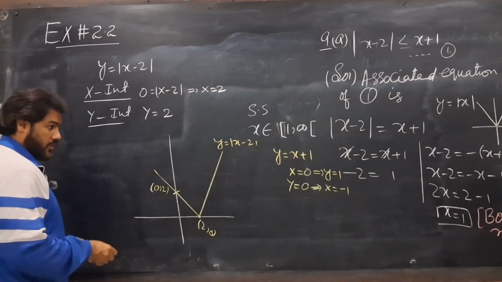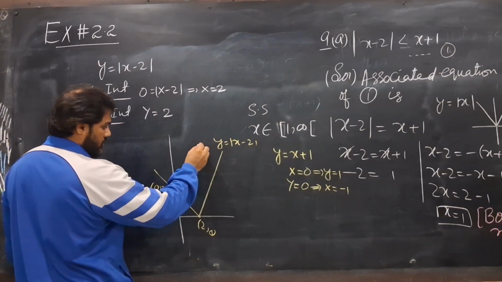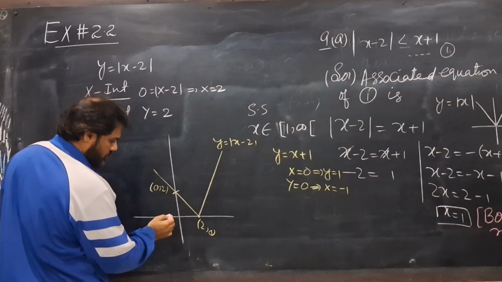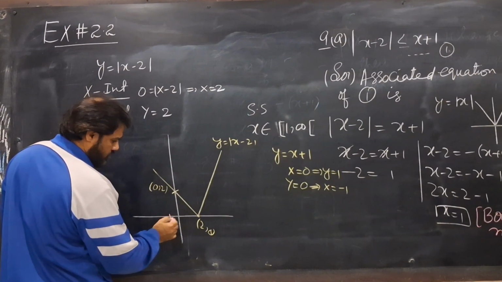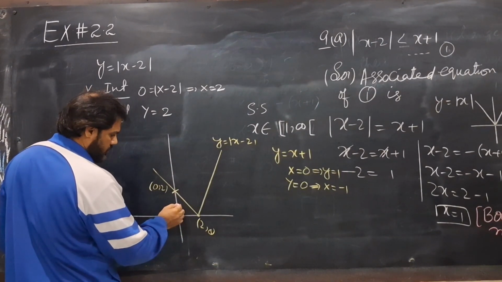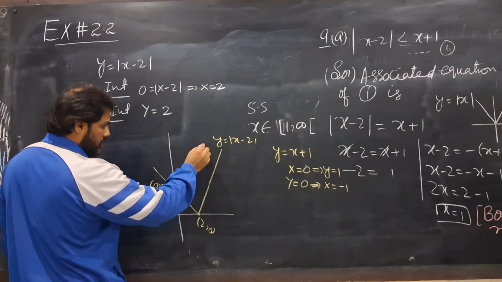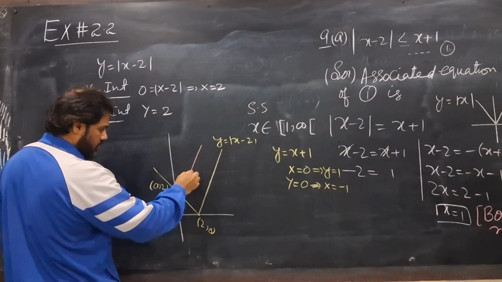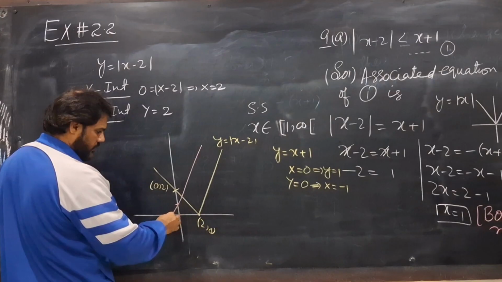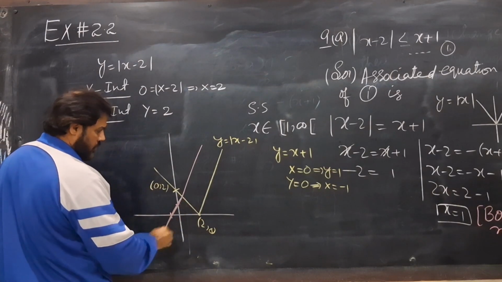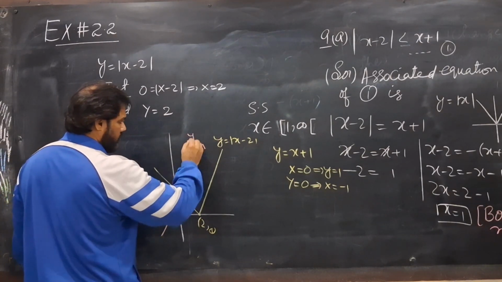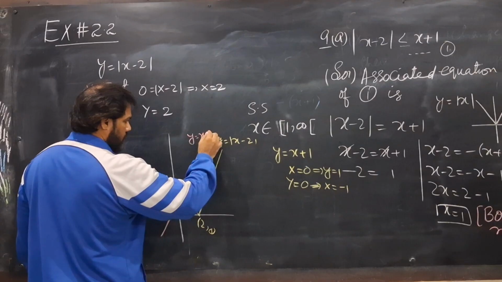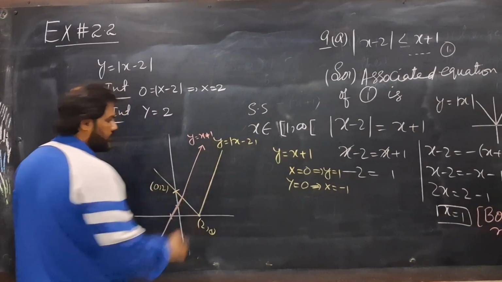The graph of this line is, suppose this is my x is equal to minus 1 and this is y is equal to 1. So this is the graph of y is equal to |x plus 1|.